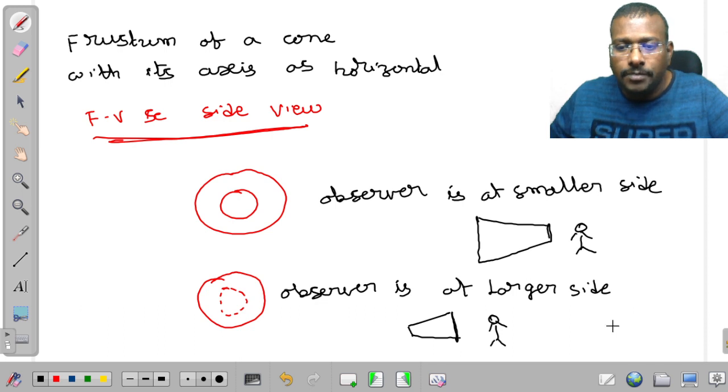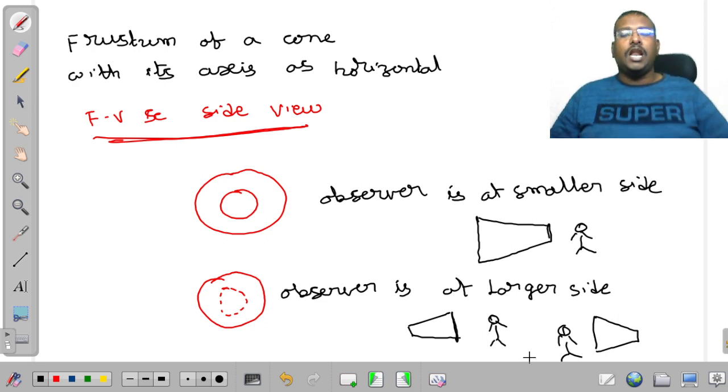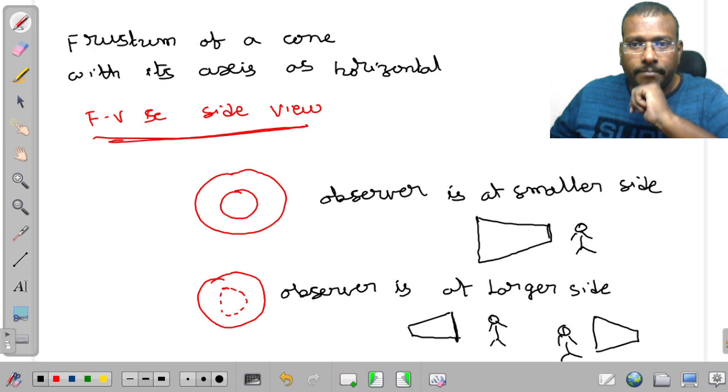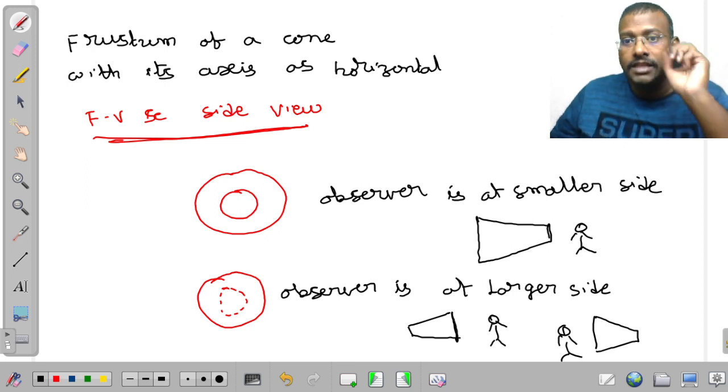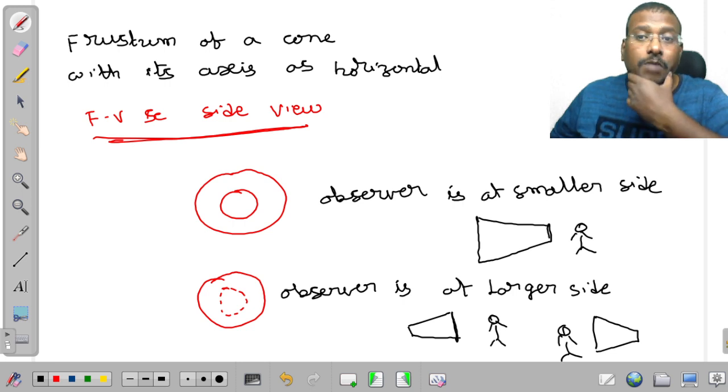Sir, if the trapezium is like this, then he is here. So if he is at the larger side of a trapezium, the inside circle is going to be dotted. If the smaller circle is continuous, then the observer is on the smaller side of it.